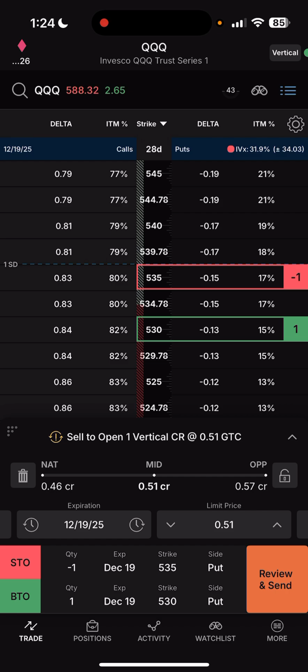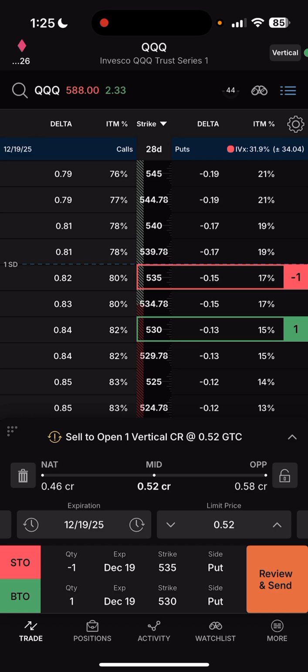So it's about a 6-cent width on either side. We're probably going to be able to get this for about 51 or 52. So what you want to do from here, you just double check everything. Everything looks great. So the quantity is 1. Expiration is December 19th. Strike price, 535, 530. Both of these are puts.